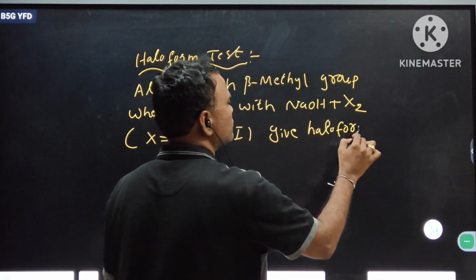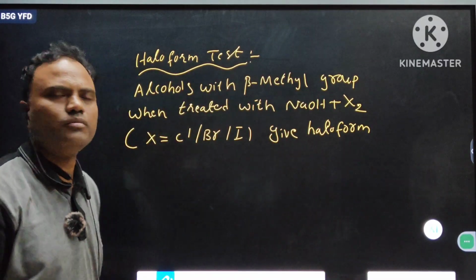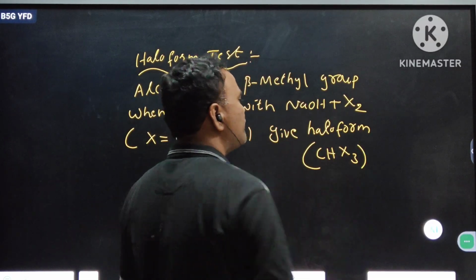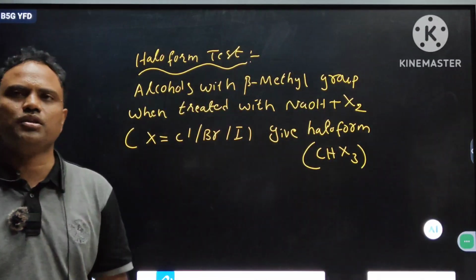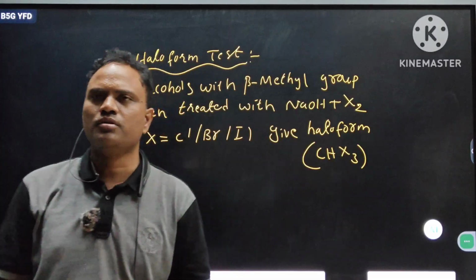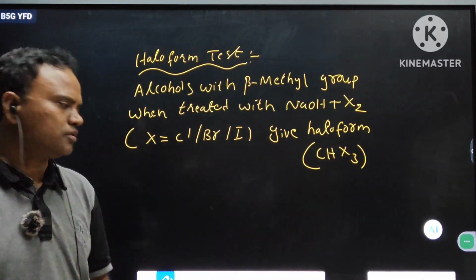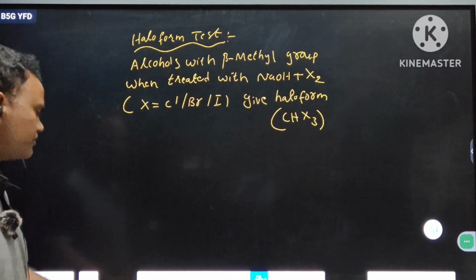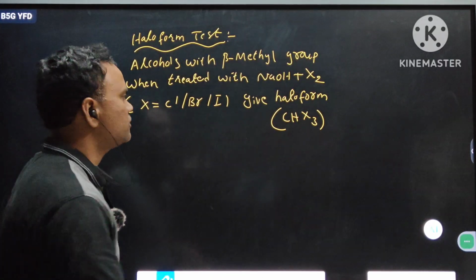Haloform means chloroform, bromoform, iodoform, and the general formula is CHX3. If X is Cl, CHCl3; Br, CHBr3; iodine, CHI3. This reaction was completed in the first chapter already. Again I am teaching.